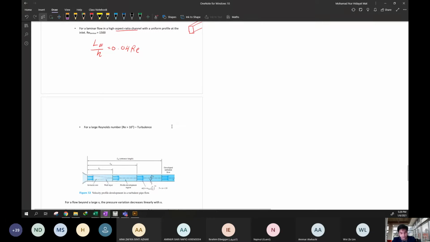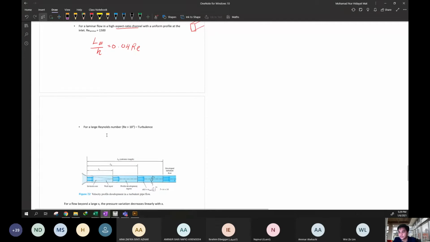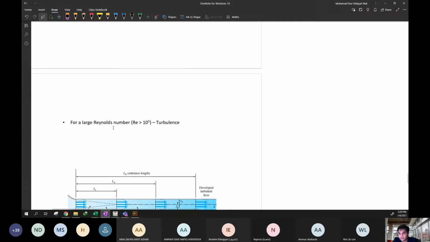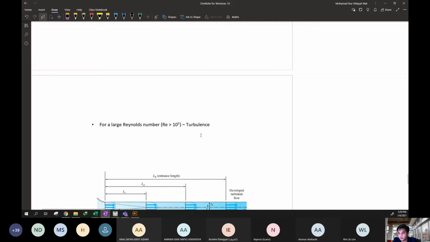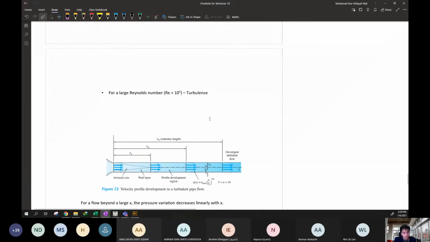For the large Reynolds number, please remember that when the Reynolds number is very large, the value is more than 10 to the power of 5. This is what we consider as turbulent. So in order to get the entrance length, this is what happens when the flow becomes turbulent.